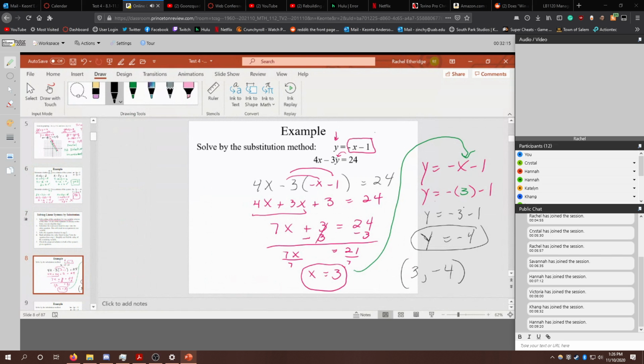So step 1 was to solve for y. It was already done. Step 2 was to substitute that into the other equation, solve for x, then back substitute x into one of the other equations, and I would substitute it into the one that already has y equal.